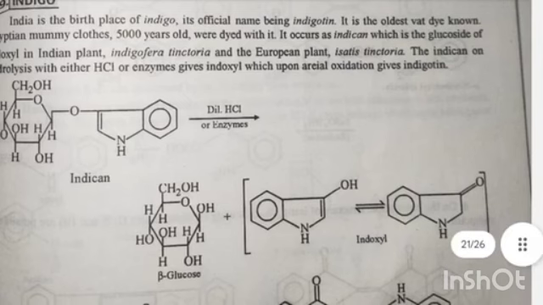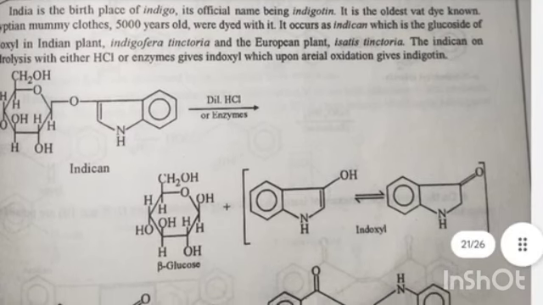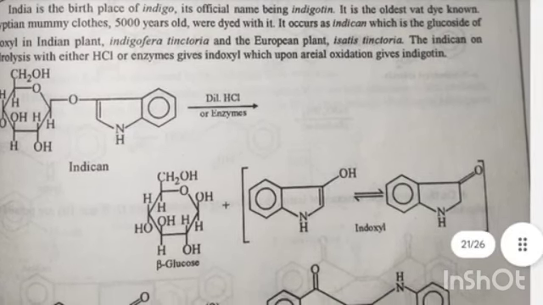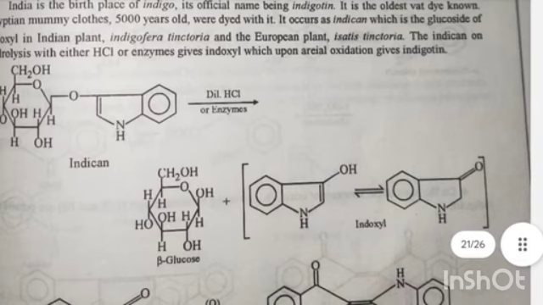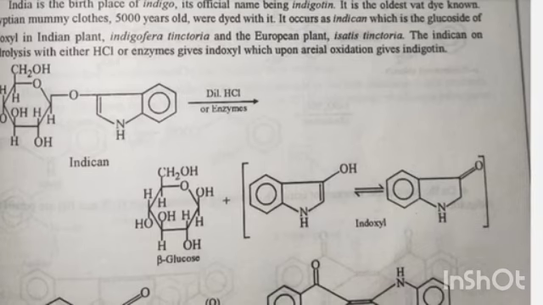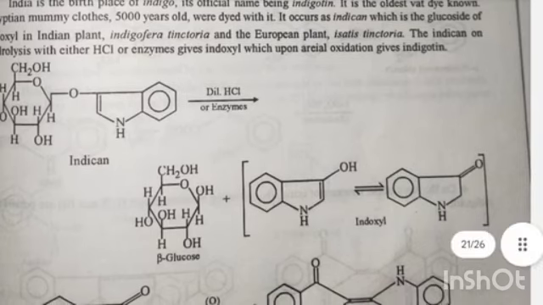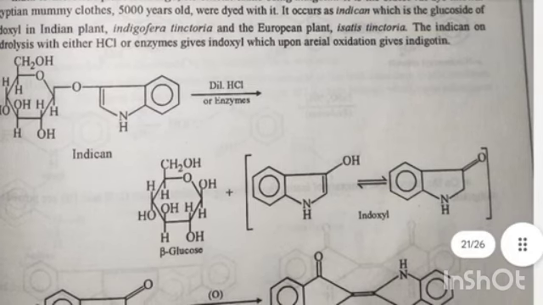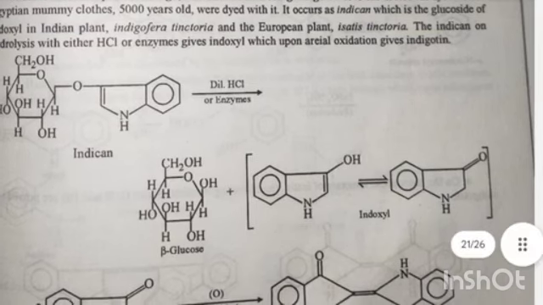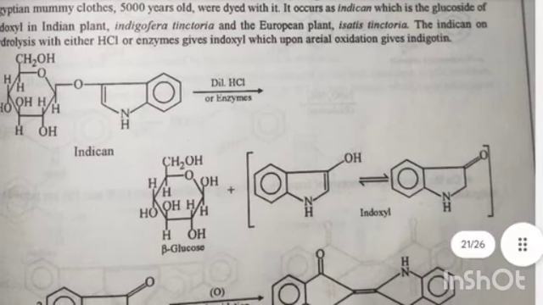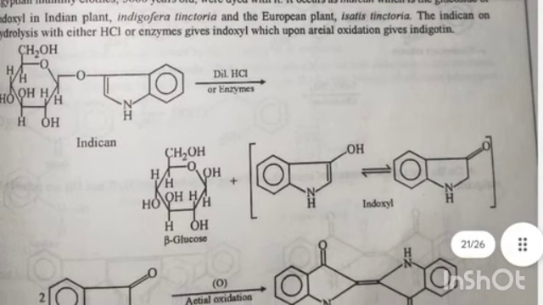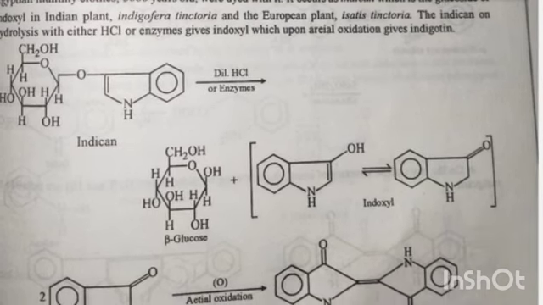It occurs as the glucoside indican, the glucoside of indoxyl, in the Indian plant Indigofera tinctoria and the European plant Isatis tinctoria.